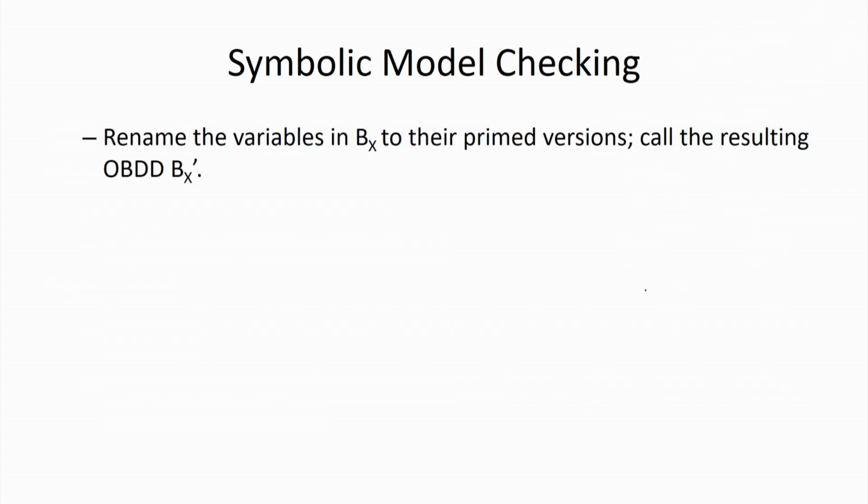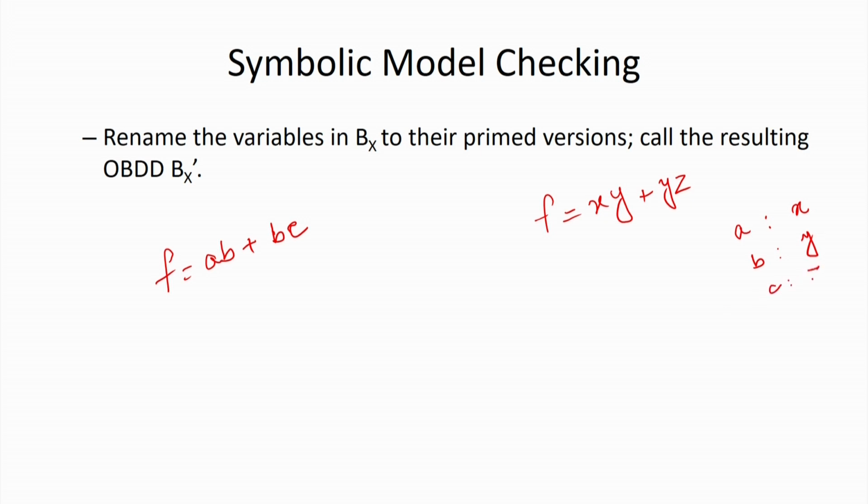Just see, if we have a Boolean function f equal to ab plus bc, and if I write the same expression as f equal to xy plus yz, then both these Boolean expressions represent the same function, because in one expression we write a, but in the other it is renamed by x, b is renamed by y, and c is renamed by z.